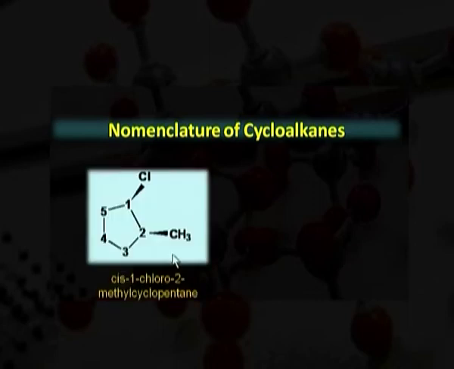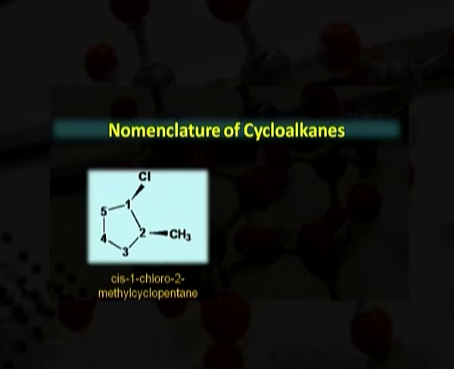The IUPAC name of this compound is cis-1-chloro-2-methylcyclopentane, because these both are in the same plane and shown by this dark colored bonding. This chloride and this methyl are in the same plane.